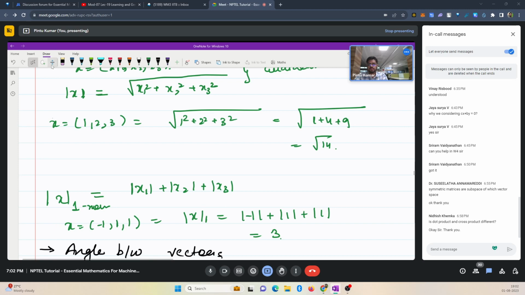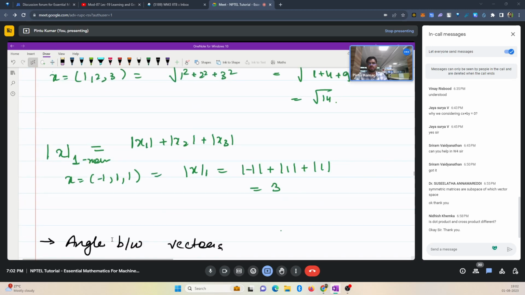You can also have something called the p norm. This is mod x1 to the power p plus mod x2 to the power p plus mod x3 to the power p, whole to the power 1 by p.